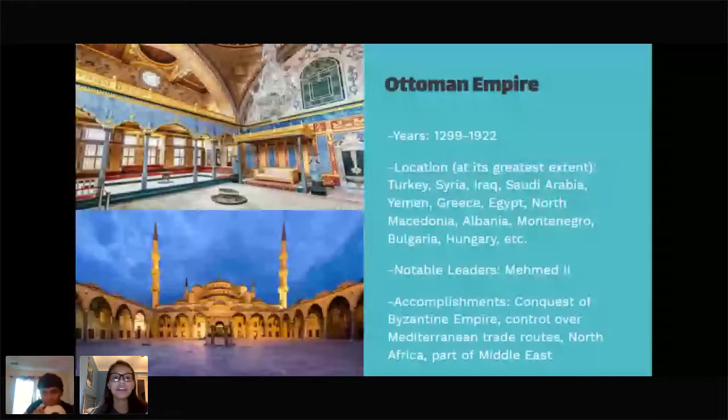So their notable leader that I chose was Mehmed II. You might not recognize his name just by hearing Mehmed II, but he's a really well-known leader because he's known for his hat. During this time, different leaders of the Ottoman Empire would have what a lot of fellow AP World History students refer to as onion hats. Essentially a humongous white turban, about the size of this.